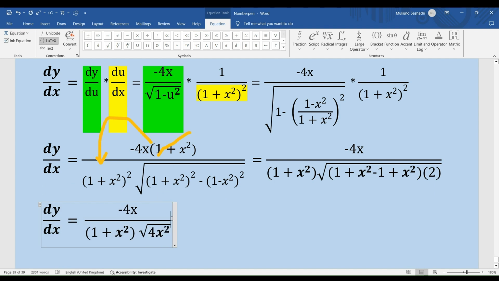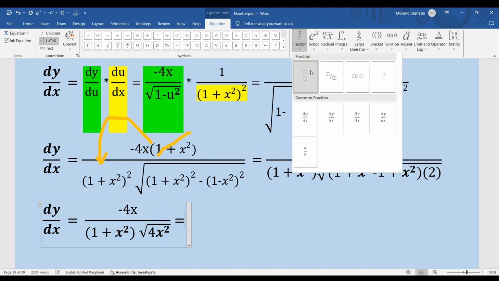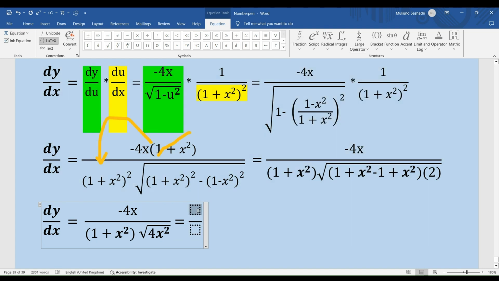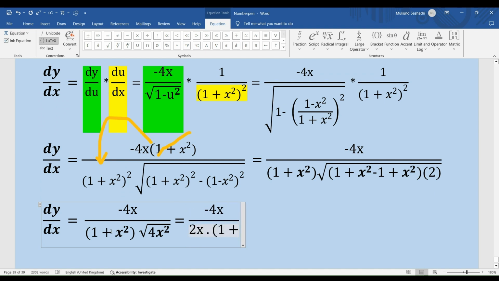And what is my square root of 4x square? It is nothing but 2x, right? So I'm left with minus 4x divided by 2x into 1 plus x square, right?